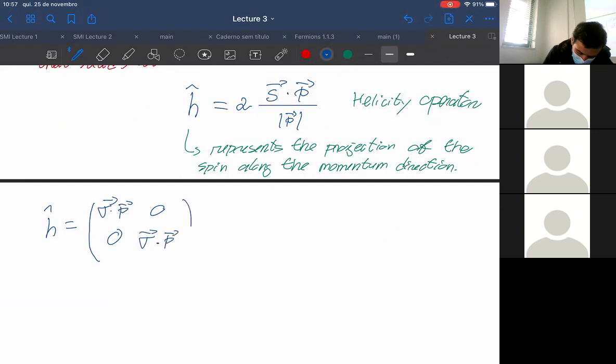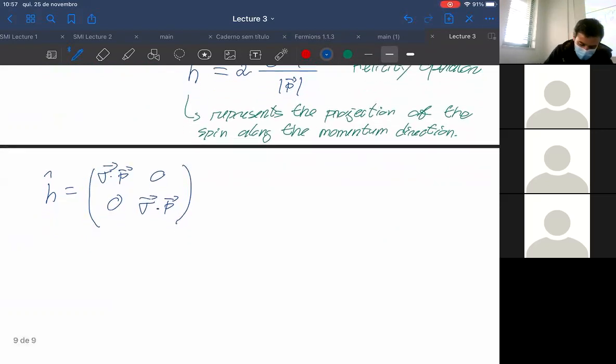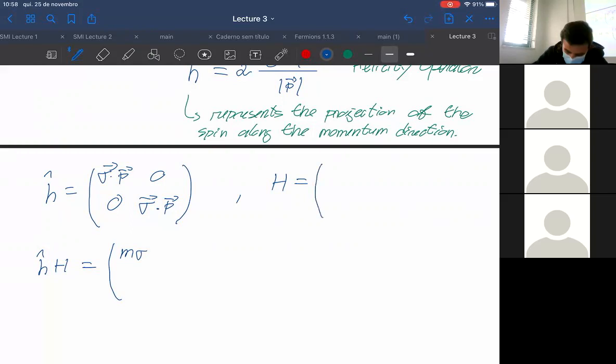So things are starting to look great from the perspective of commuting. H is going to be, let me write what H is once again. H is an identity, sigma dot P, and identity.